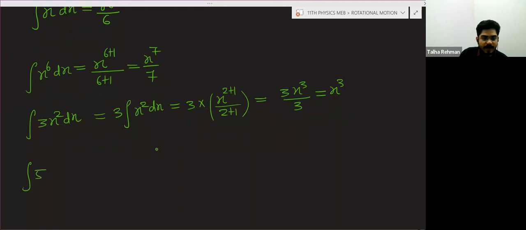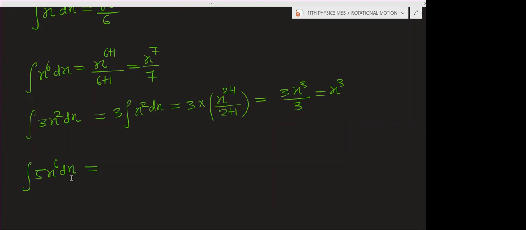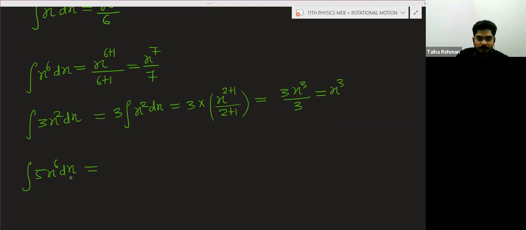Suppose you want to integrate 5x to the power 6. Just tell me the answer of this: integral of 5x to the power 6 dx. Right. 5 you will take out of the integration because 5 is a constant, and here you can write x to the power 6 into dx.